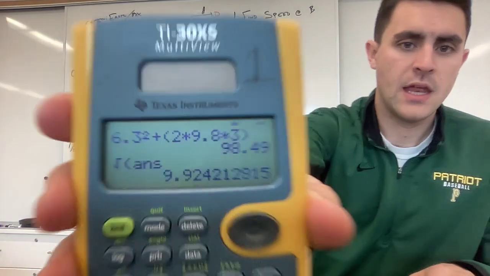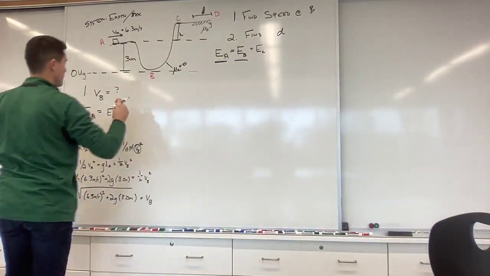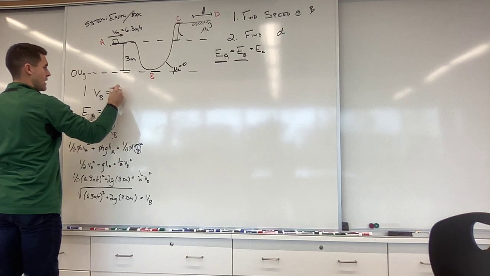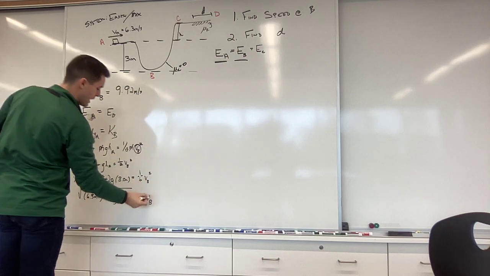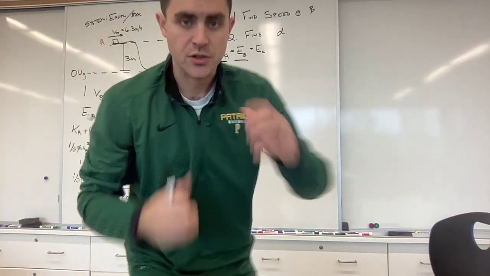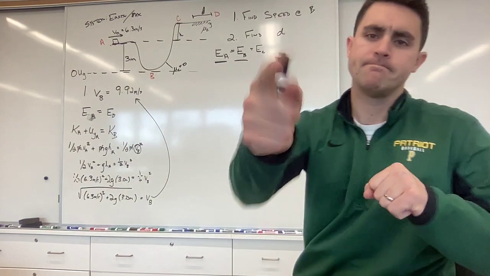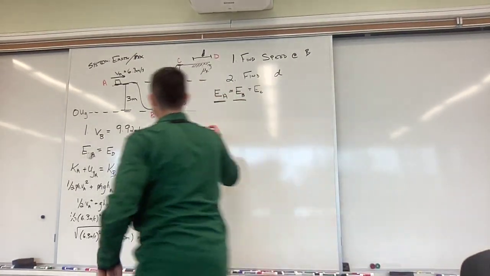I end up with 9.92 for the speed at B. What is the speed at B? 9.92 meters per second. How do I know that? Because I used my conservation of energy expression. Okay? Question 1, solved. Question 2 asks find D.